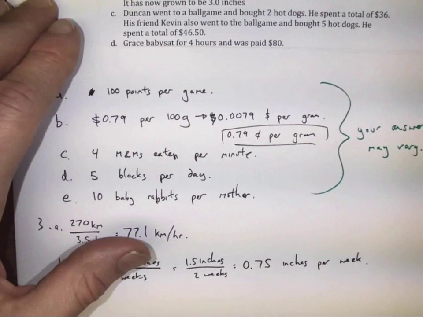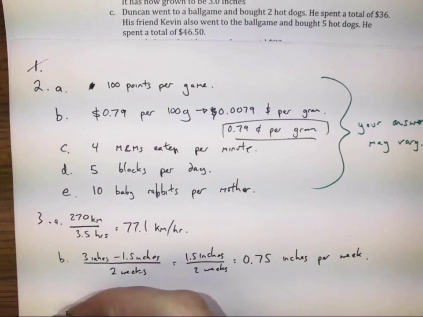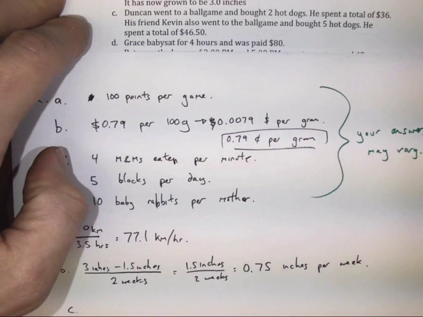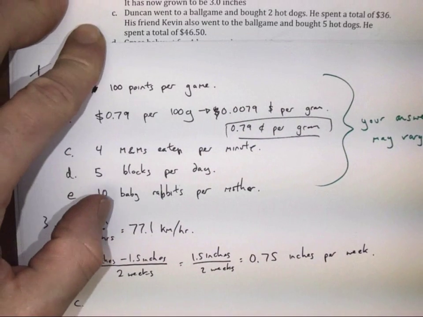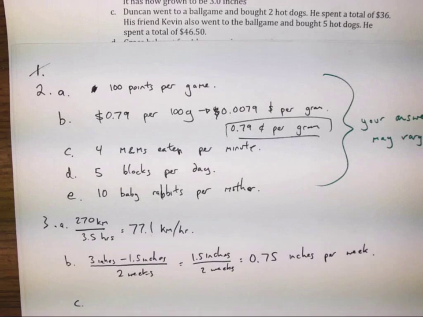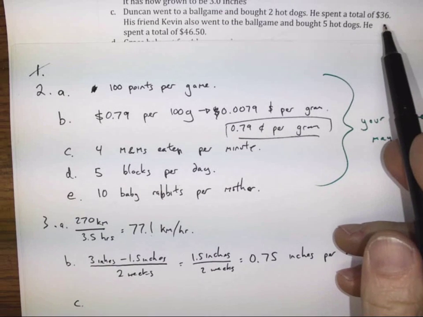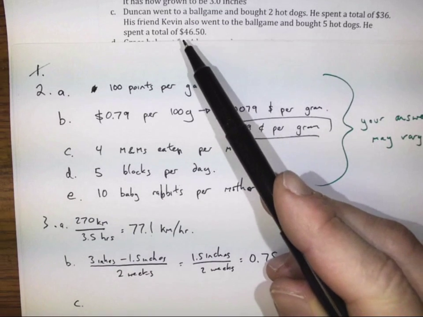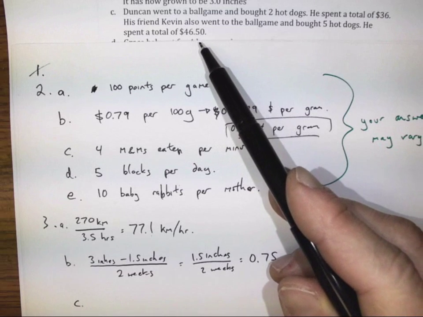Here we have the situation where we have 2 points. We know that 2 hot dogs somehow corresponds to $36, but 5 hot dogs corresponds to $46.50.